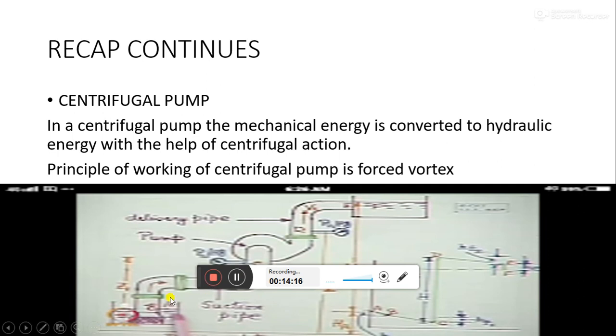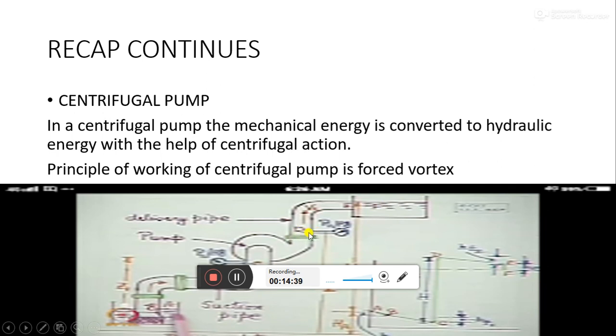Now in a centrifugal pump, we have a high pressure point, so we need to create a low pressure point here so that the water can move from here to here. The pump actually does that. It creates a low pressure point here, so water moves from here to here. Now it has to create again a high pressure point here so that it moves from high pressure to low pressure.